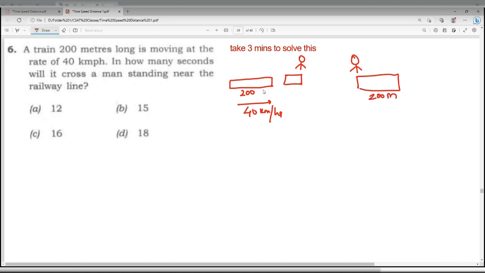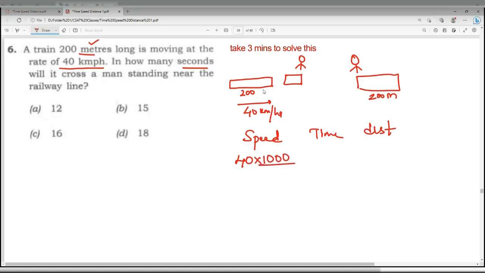So let's set up the chart. Speed, time, distance. And here in this case, please be very careful. They're given 200 meters and the speed is in kilometers per hour, and then they're asking the answer in seconds. So we need to convert this 40 kilometers per hour into meters per second.